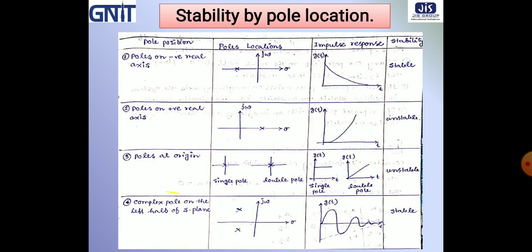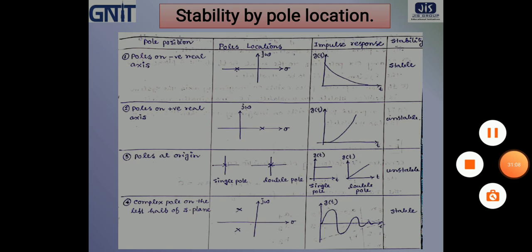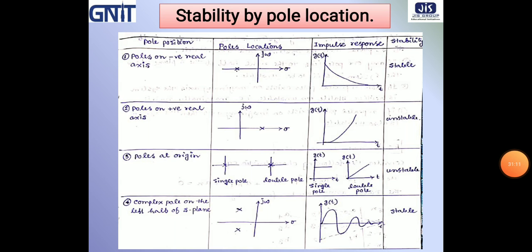Now, moving to our fourth point, if the poles are present in the complex zone with negative real part, that means the poles are present in this region, then if we calculate the impulse response, it will approach zero with increasing t.